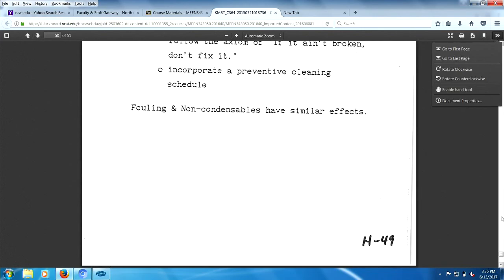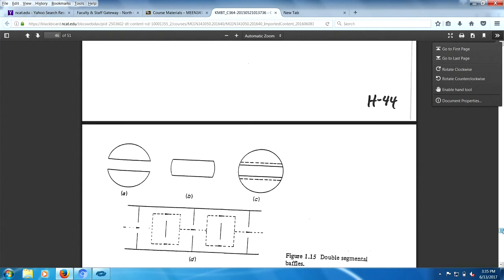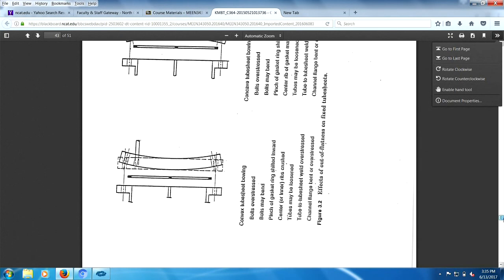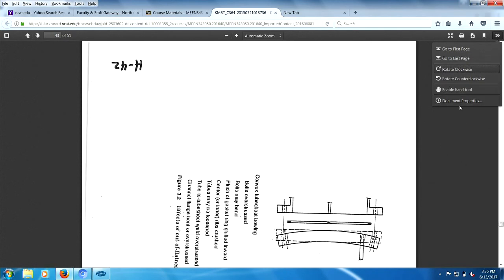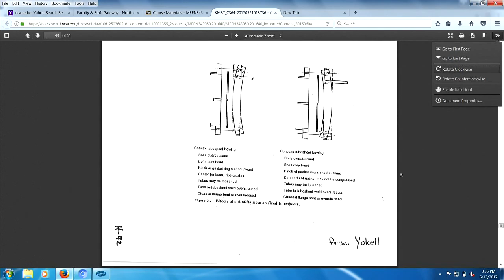Let's go up here, noncondensibles. Let's go back up here. I'm going to try that again. I'm going to rotate clockwise. That's counterclockwise. That's clockwise. There you go.